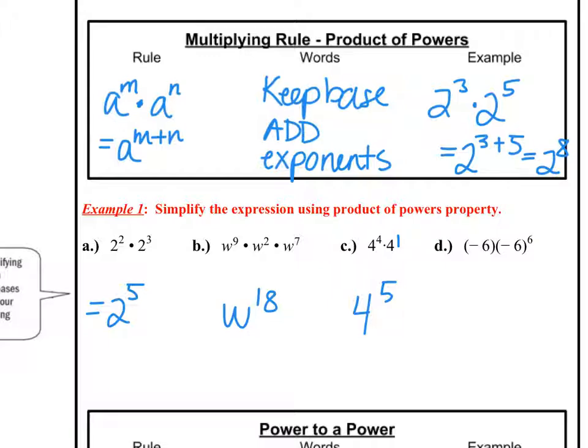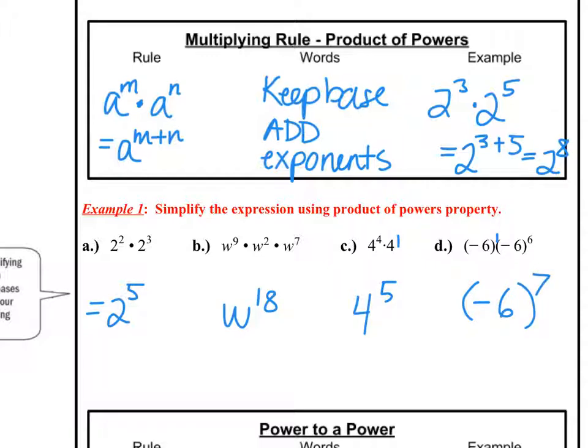Last one, I like this too. When you have negatives, put them in parentheses. That's important because when you're multiplying a negative times a negative, what happens? Positive. You'll see that happen on the back page. So negative 6, this is negative 6 to the first. So how many negative 6's total? 7. So write it like this.